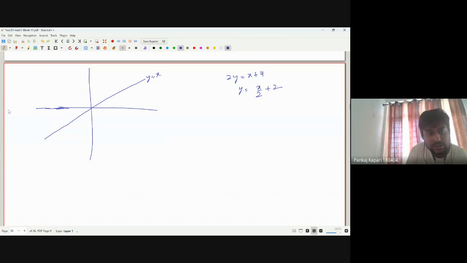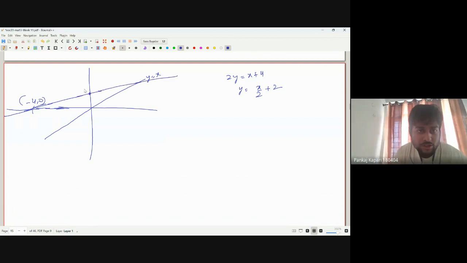So these lines are very close. If this is my minus 4 comma 0, then this line is like this. Here you can assume that this is 0 comma 2. So that's why I was having this problem drawing this line.